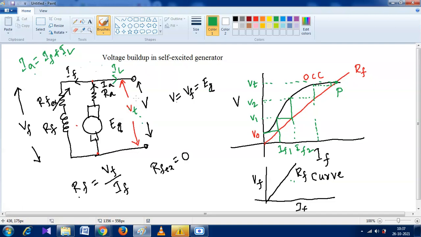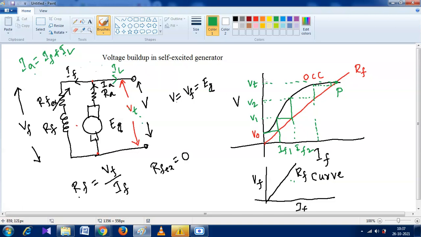Yes, sir. At that time, when we plot the generator voltage with respect to field current, we get a curve. What is the name of that curve? OCC curve. Yes, good. And what is the nature of that curve? Like that black color curve? Yes, sir, black color curve.